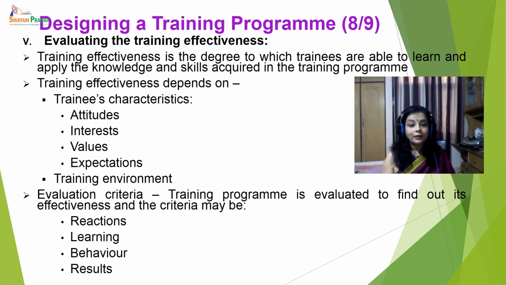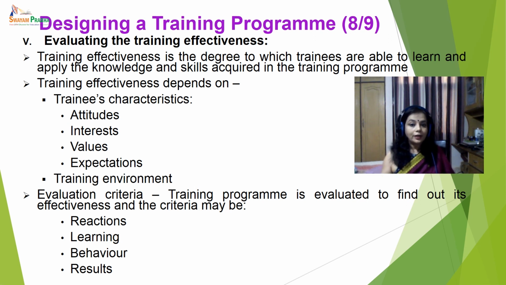Then his expectations from the training program, if the expectations are high, he knows that if I complete the training program, I will be eligible for, say, promotion, or there will be career advancement. Then the training effectiveness will be higher, because he will undergo the training program enthusiastically. Then also training effectiveness depends upon the training environment.